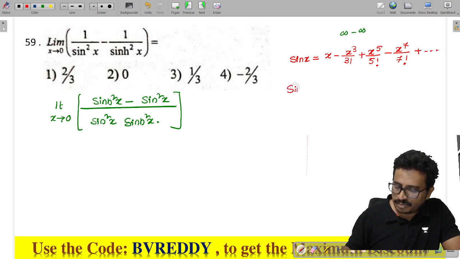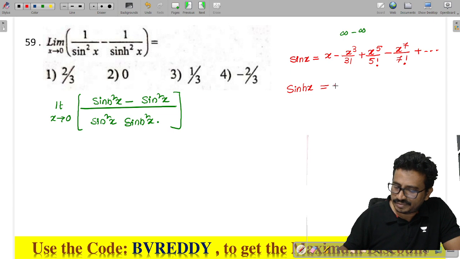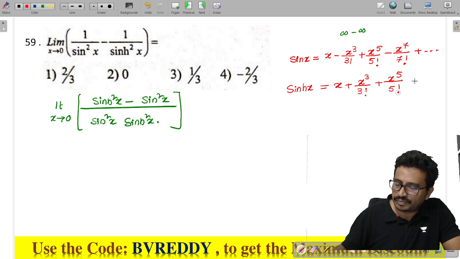Next, similarly the sinh x series is the same as sin x, but there is no minus: x plus x cube by 3 factorial plus x power 5 by 5 factorial plus x power 7 by 7 factorial.